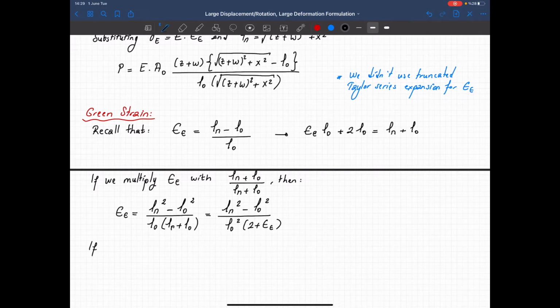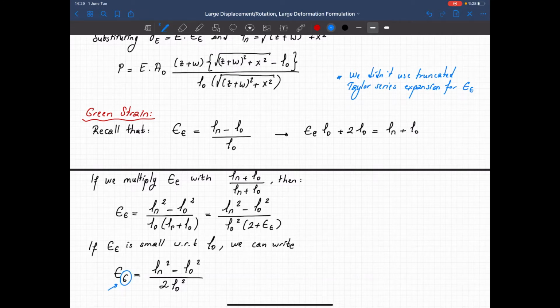Large displacement we will allow, but no large strains. So we say that if the engineering strain is small with respect to the initial length, we can ignore it and we can write that our Green strain is equal to final length squared minus L0 squared divided by 2 times L0 squared. Now here this G subscript represents Green strain.